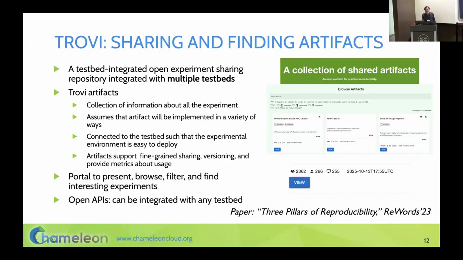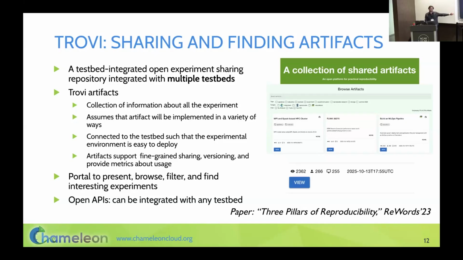I was hoping to get to some examples of this before the end of the time, but Trovi is where we have all of our digital artifacts. This includes images, Heat templates, orchestration templates, and GitHub repositories that users have uploaded showing experiments.